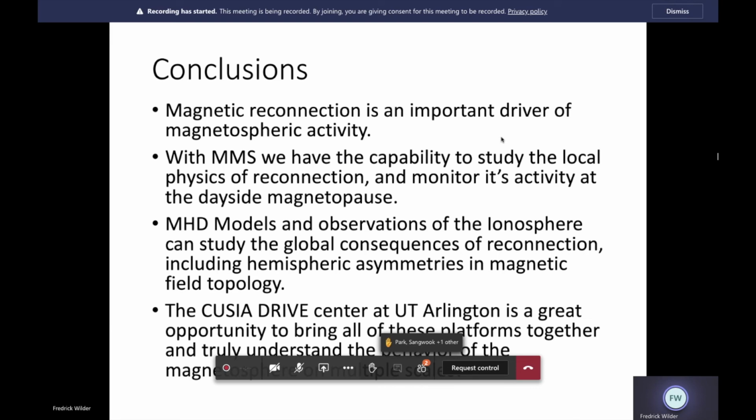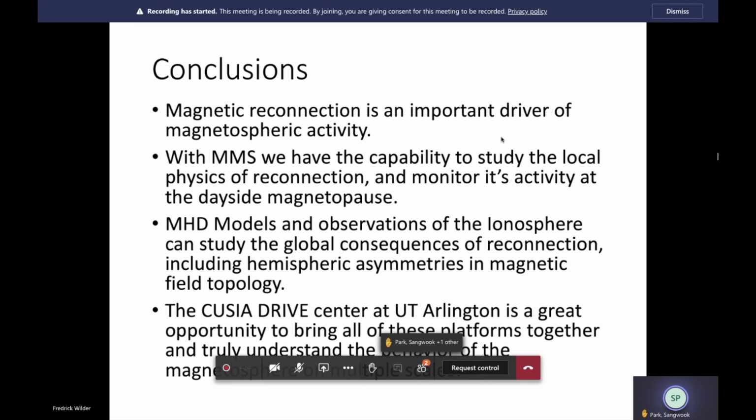Sangwook Park has his hand up, so you're next. Hi, this is Sangwook Park, and I'm an observational astronomer. I just realized that what you were talking about, the magnetic reconnection, is exactly what astrophysicists use to explain the radiation from neutron stars, particularly from magnetars.